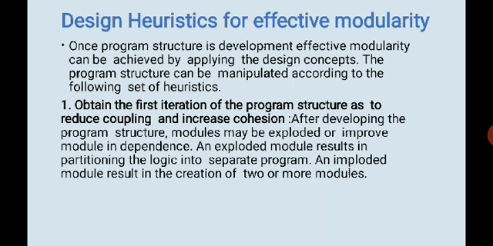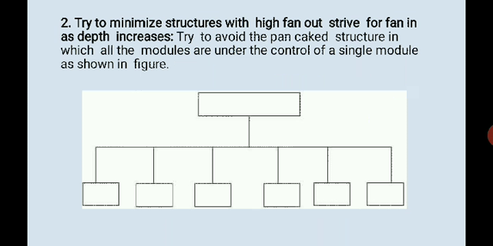So you are iterating the first program structure, and you're trying to reduce the coupling and increase the cohesion. After developing the program structure, modules may be exploded or imploded to improve module independence. An exploded module results in partitioning the logic into a separate program. An imploded module results in the creation of two or more modules.